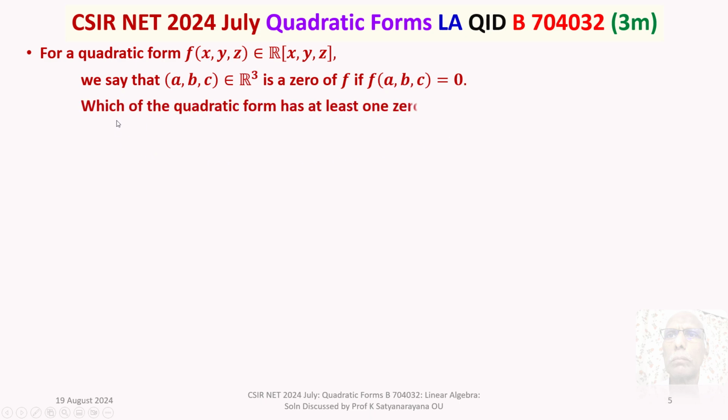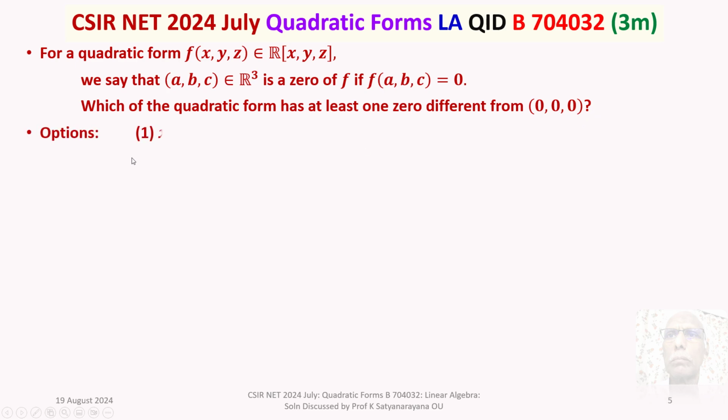Then the question is, which of the following quadratic forms has at least one zero different from (0, 0, 0)?